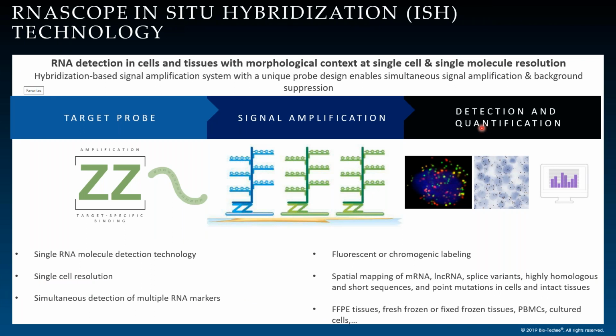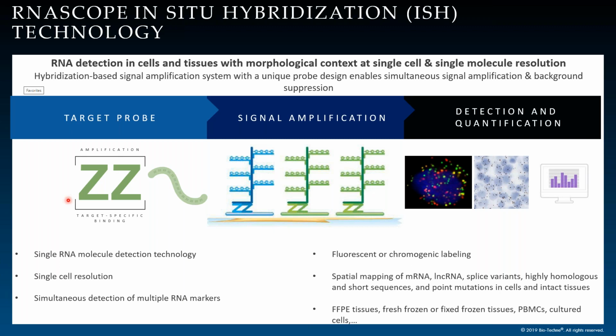The RNAscope technology is an ideal spatial analysis solution to interrogate really complex tissues. It is an extremely specific and sensitive method to detect RNA targets, including RNA biomarkers in cells and tissues, while maintaining the morphological context and providing detection at single cell resolution.